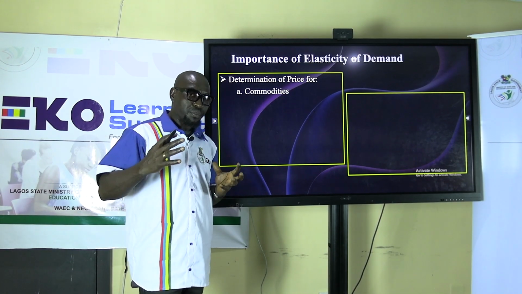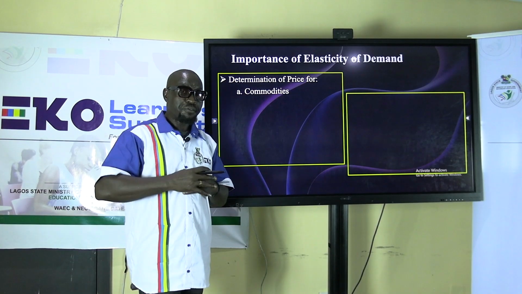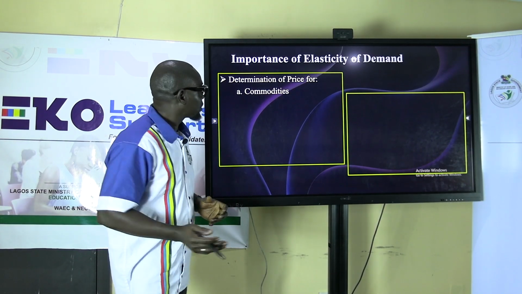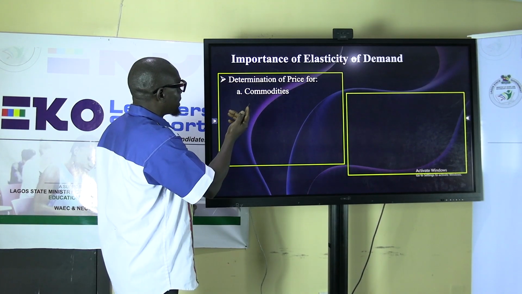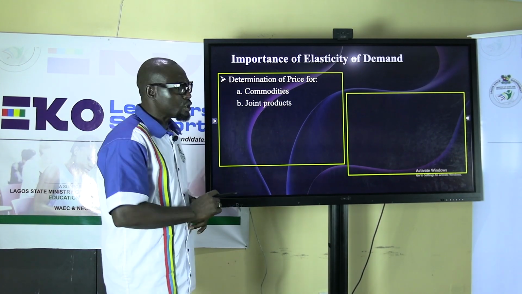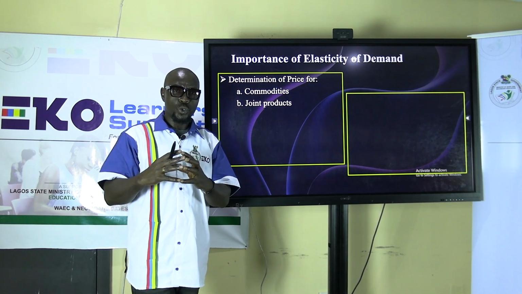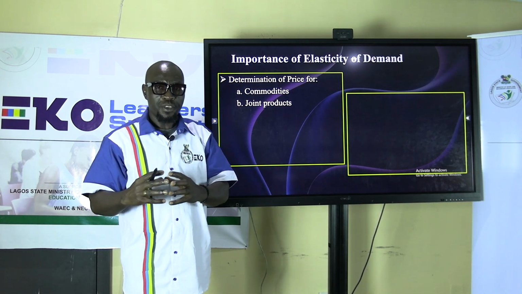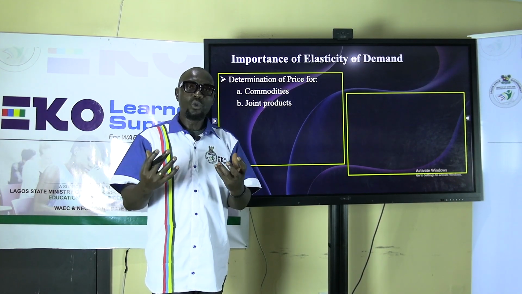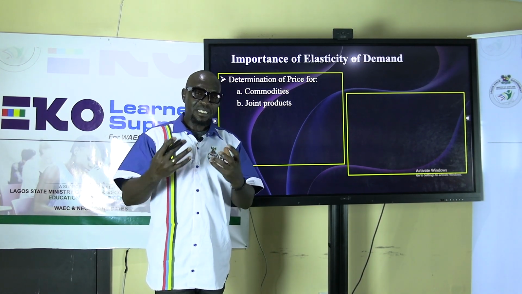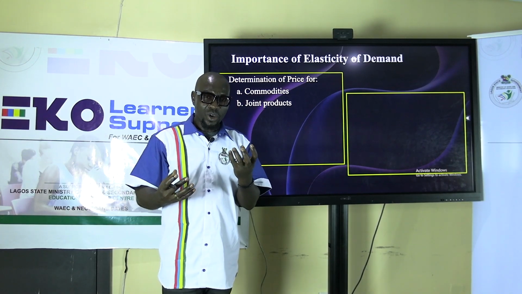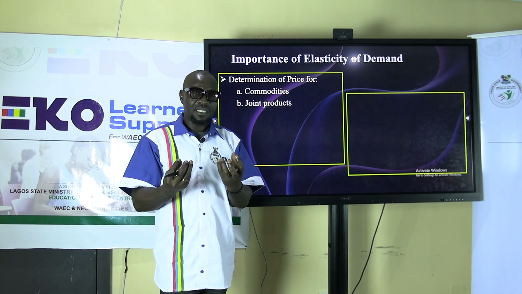You can, as a producer, increase your price if the demand for your product is price inelastic, for instance. So it is important in the determination of price of commodities and products that are jointly used. Okay, for example, for someone who owns a car and would maintain or change the oil of the car, each time you buy engine oil, you have to also buy the filter.